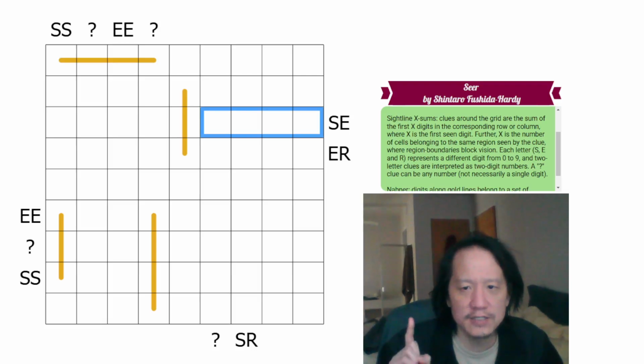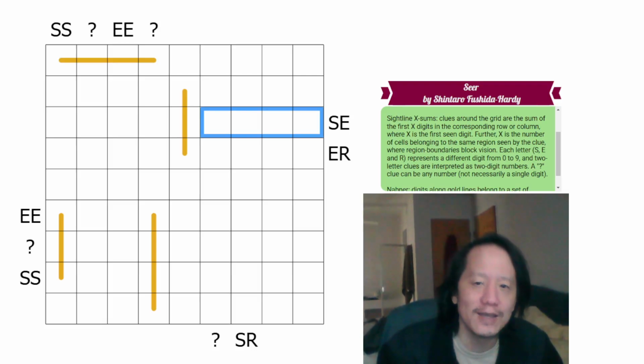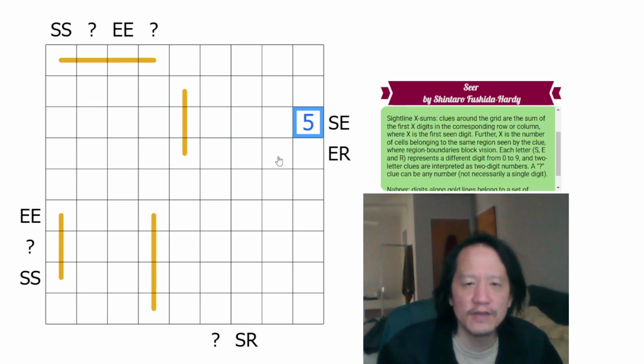In addition, X is the number of cells belonging to the same region seen by the clue, where region boundaries block vision. So in addition, if you had a 5 here, that would mean this region specifically has to be the same region, and it's specifically blocked by this.